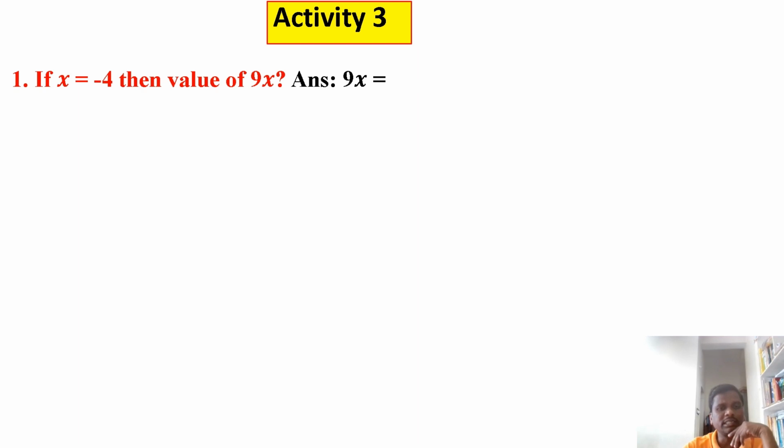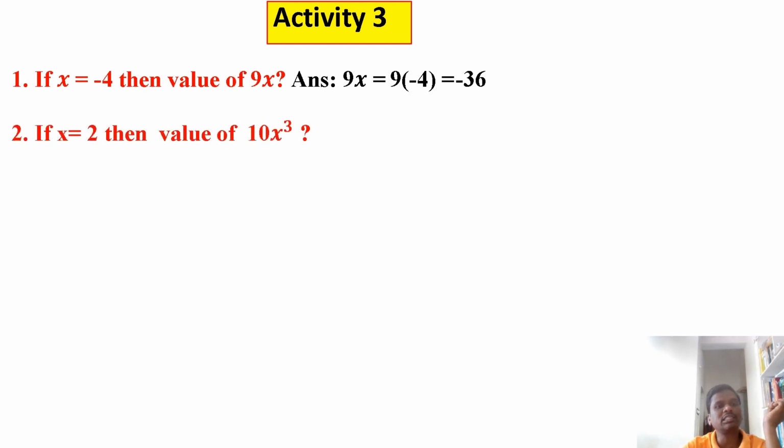Okay, now activity number 3. If x is equal to minus 4, then the value of 9x is equal to what? 9 times x, which is minus 4. 9 fours are 36, but with the minus, plus times minus is minus, so we get minus 36.